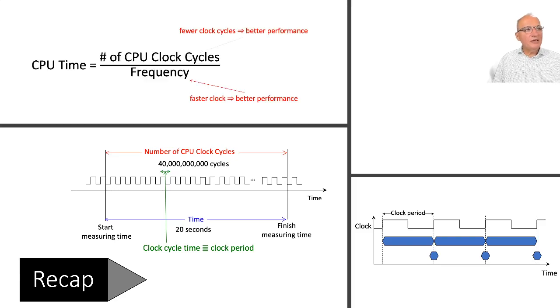We have learned that the CPU time is the number of clock cycles divided by the frequency, and therefore if a program executes in fewer clock cycles, the performance will be better, and if I make my clock frequency higher, then the performance is always better.